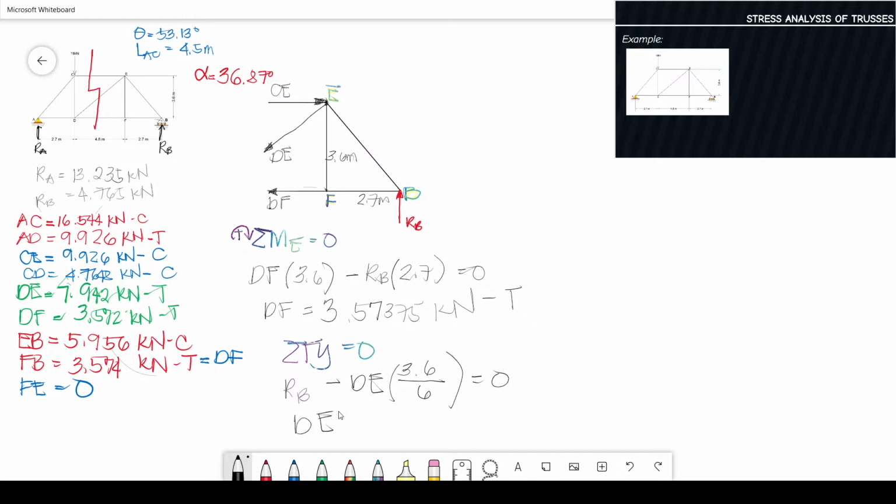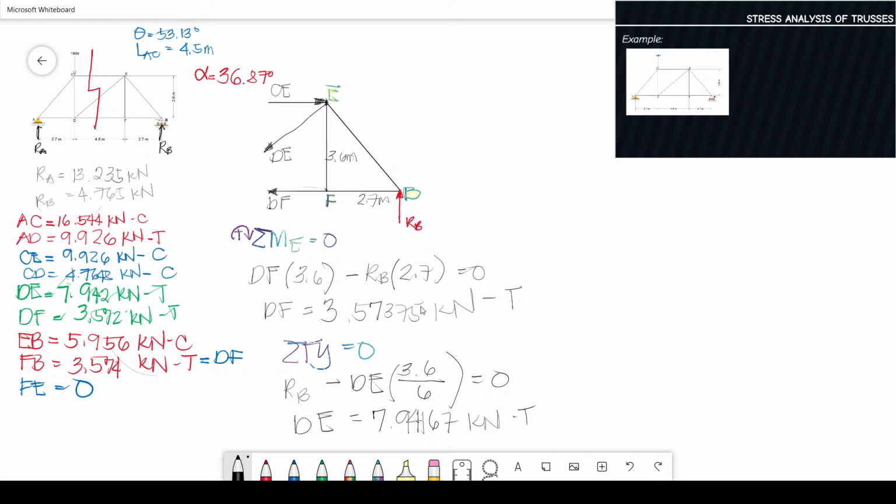So DE is equal to RB, 4.765, over alpha times 3.6. DE is equal to 7.9167 kilonewton tension. Oh, 9416. Okay. So this is our DE.